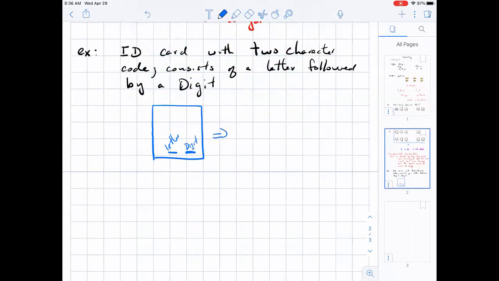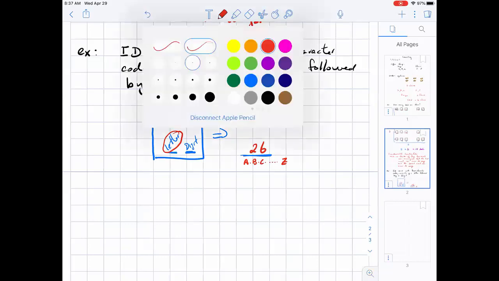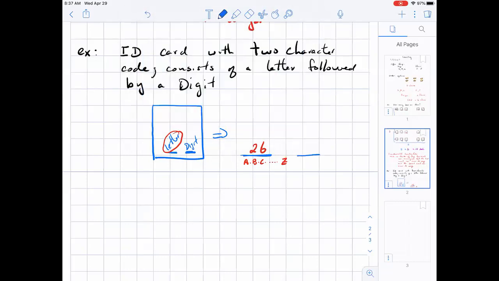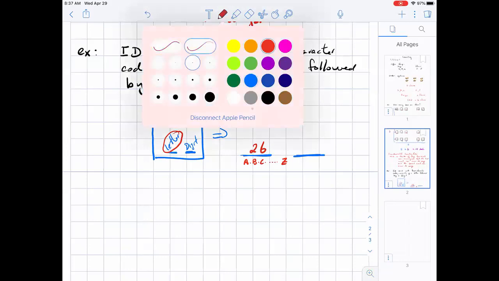If you think about this, in your choice of letter, you have a total of 26 choices because you can pick any letter from A, B, C, going all the way up to Z. And then in terms of your digit, you have a total of 10 choices.